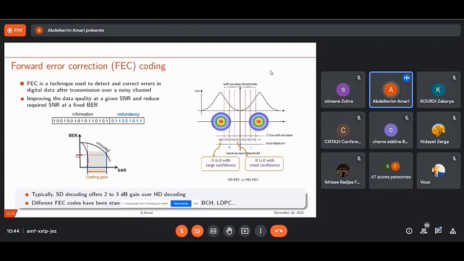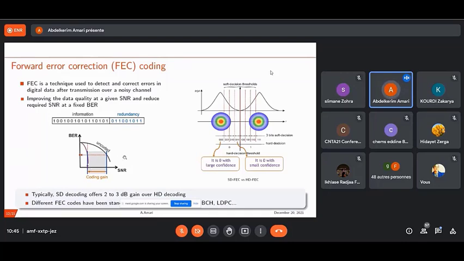At a given bit error rate post FEC decoding, which is mainly the standard value of 10 to the power of minus 15 in this case, the reduction in terms of SNR is known as the coding gain. So the coding gain in dB is the difference of SNR between uncoded and coded techniques.